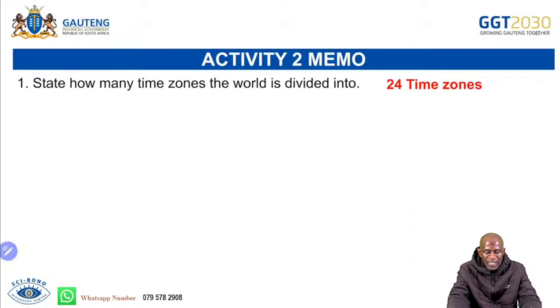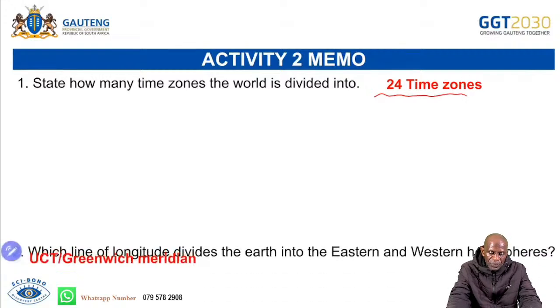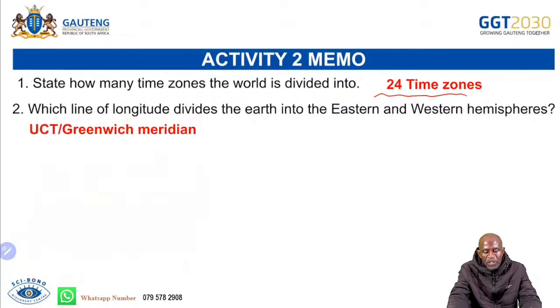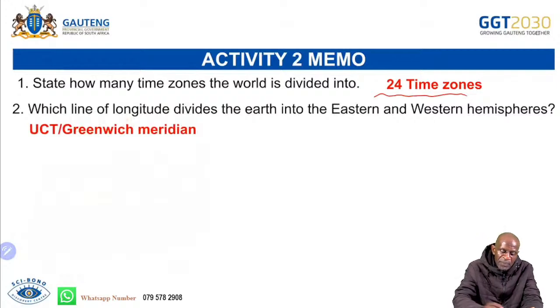Let's look at the activity memo. State how many time zones the world is divided into. The correct answer would be 24 time zones. Question number 2. Which line of longitude divides the Earth into the eastern and western hemisphere? We said it is called the UTC, or the Greenwich Meridian, or the 0 degrees longitude, or you can say the prime meridian.